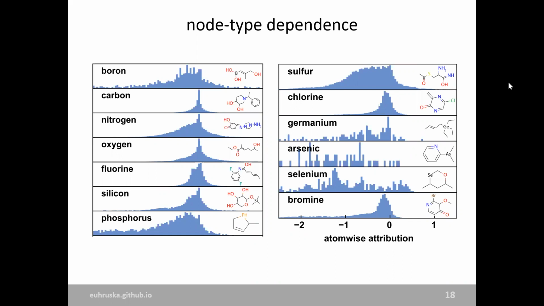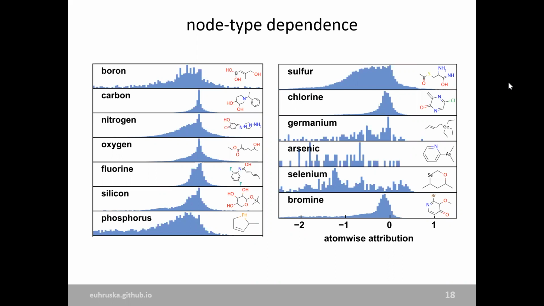Carbon is the most close to 0, a peak-shaped distribution, but others like boron have a more Gaussian-shaped distribution. And other atoms like phosphorus have a very long tail, which goes towards negative attribution values.